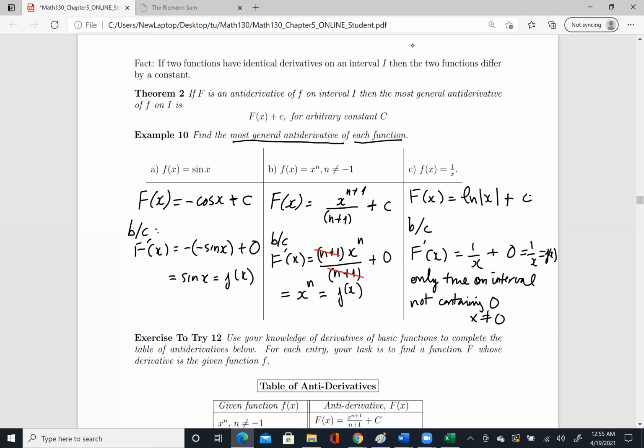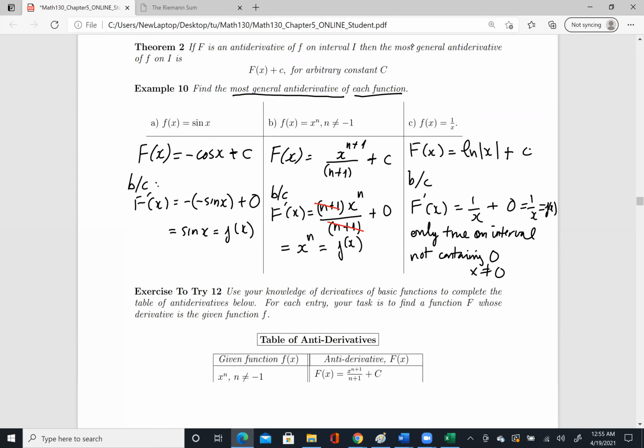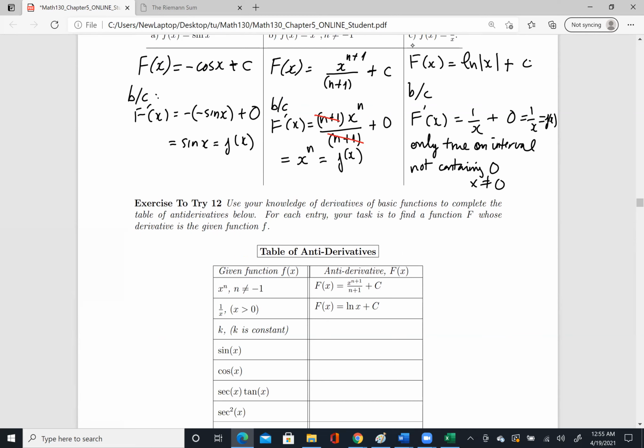So for the exercise, try number 12. Use your knowledge of derivatives of basic functions to complete the table of antiderivatives below for h and g.